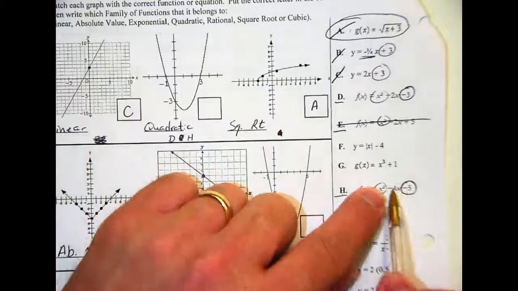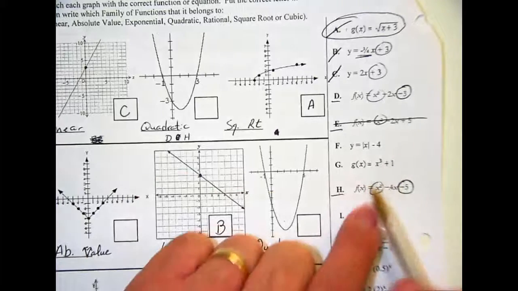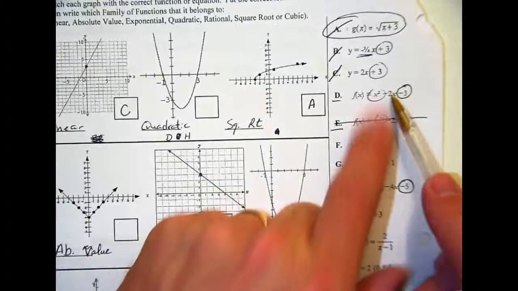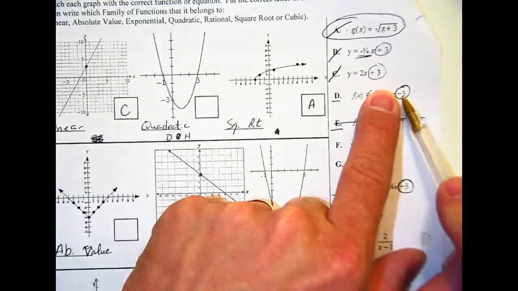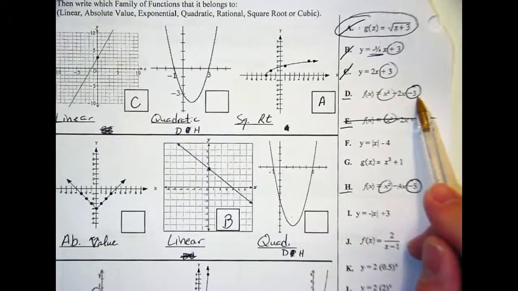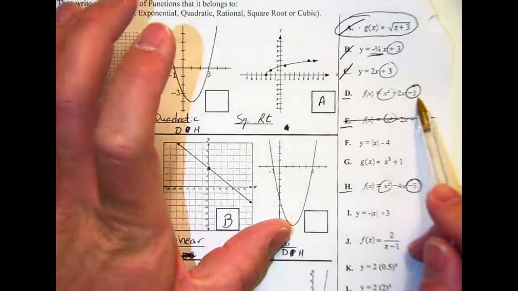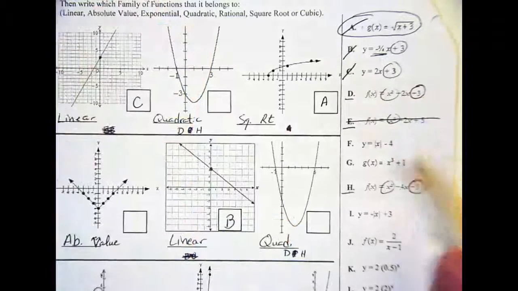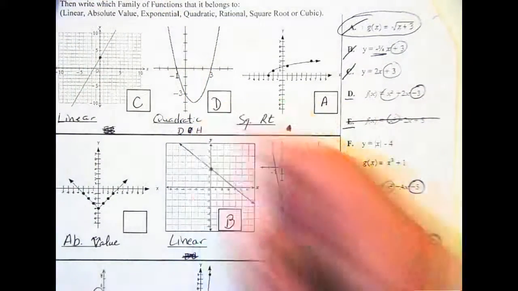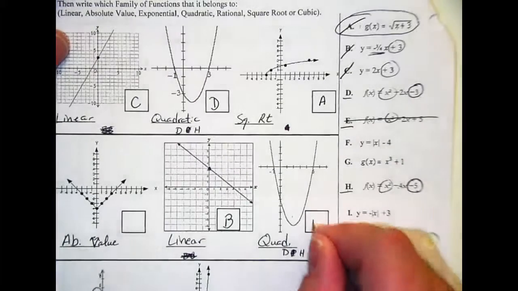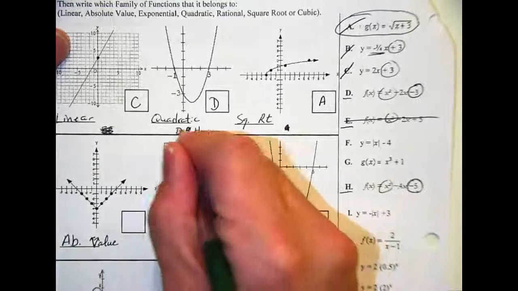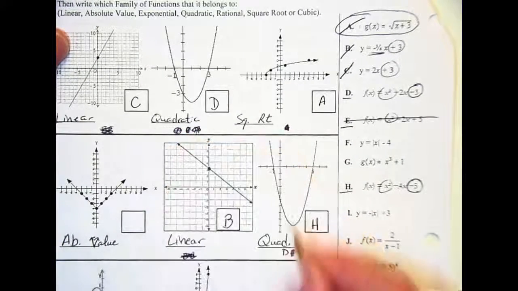If I put 0, negative 4 times 0 is 0. I'm left with f of x equals negative 5. Here I'm left with f of x equals negative 3. Which one crosses the y-axis at negative 3? The first or the second? First. This is letter D. This one is letter H. So there are little hints to you on which is which.